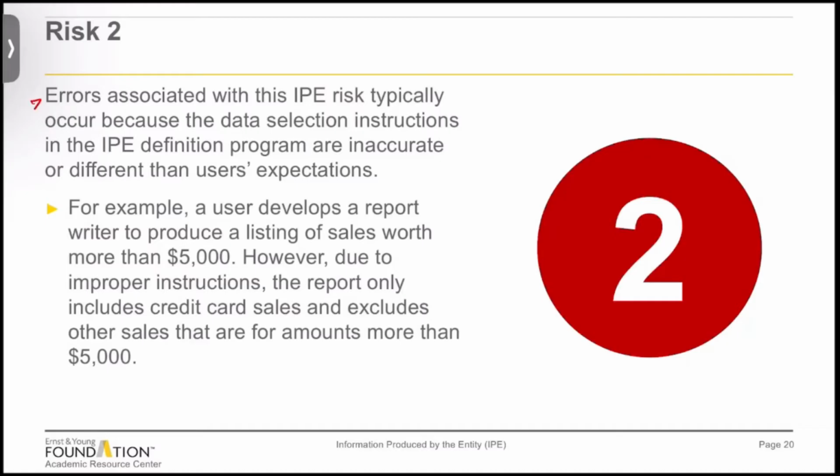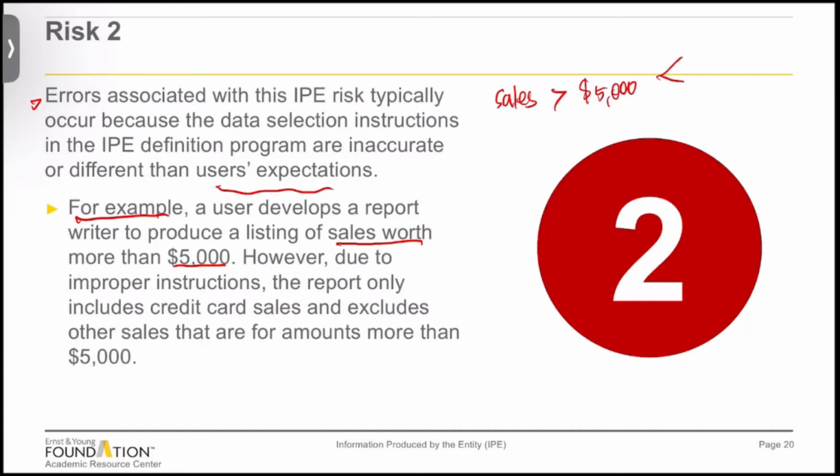So errors associated with this IPE risk typically occur because the data selection instructions in the IPE definition program are inaccurate or different from the user's expectations. So for example, a user develops a report writer to produce a listing of sales worth 5,000. So sabi niya, lahat ng sales greater than 5,000. However, due to improper instructions, the report only included credit card sales and excludes other sales that are for the amounts more than $5,000.